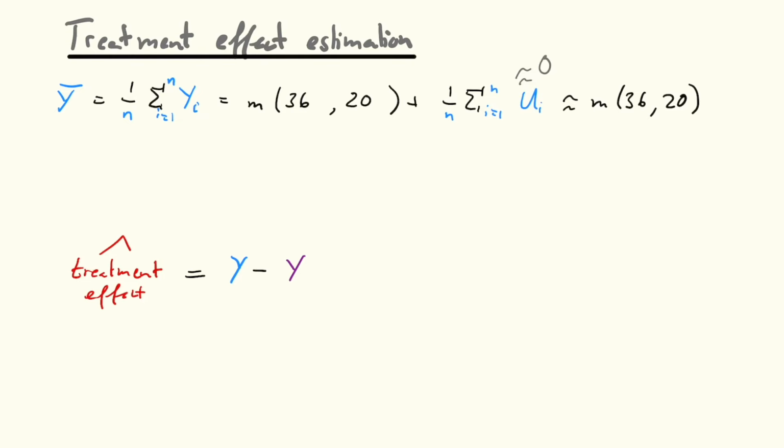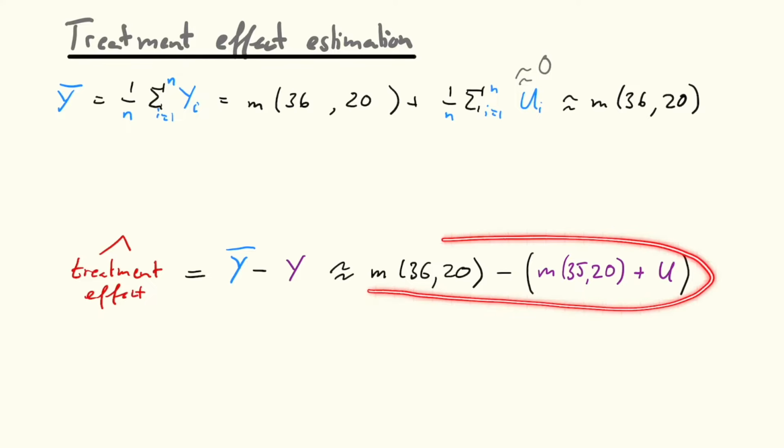Now, our plan was to modify this identification strategy by replacing the single classroom by the average of classrooms here. What will this get us? Well, this will get us approximately m at 36, 20 minus, and now I'm plugging in the model for this y, the m at 35, 20 plus the error term in the purple classroom.